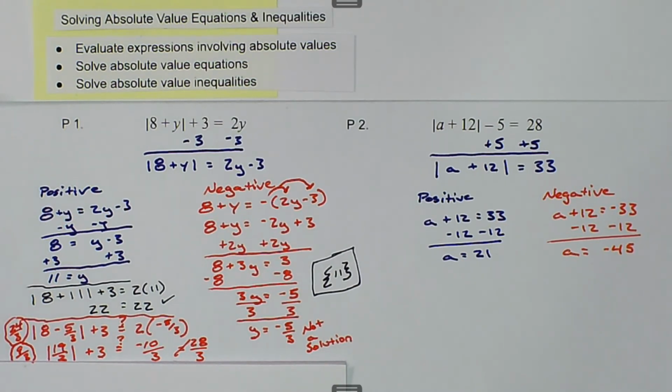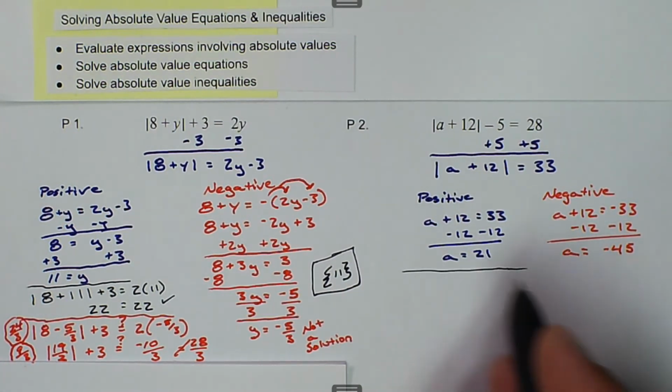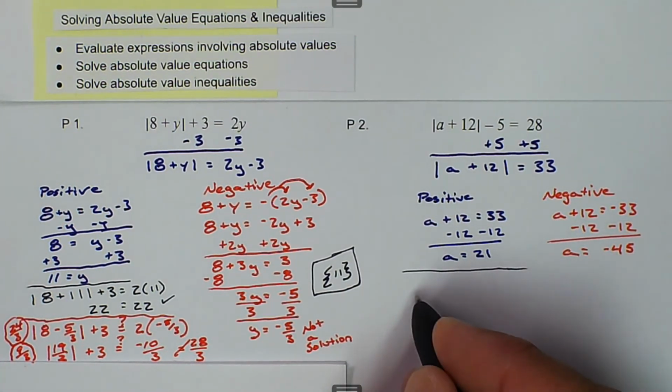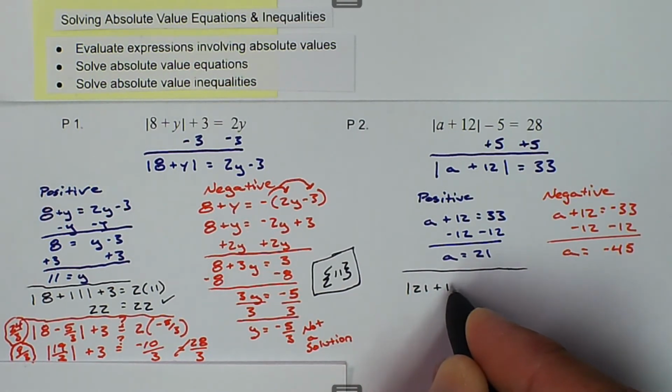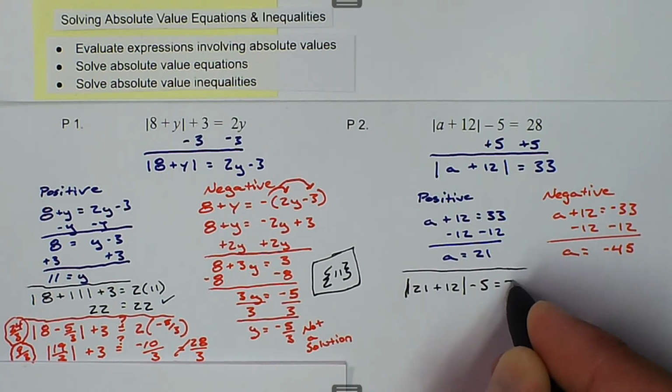And then we have to check both solutions. So we can check 21 first. If a is equal to 21, we're going to say the absolute value of 21 plus 12, minus 5, is equal to 28.